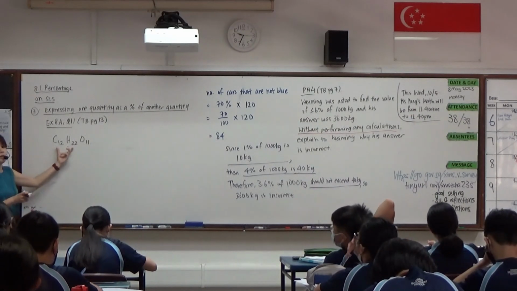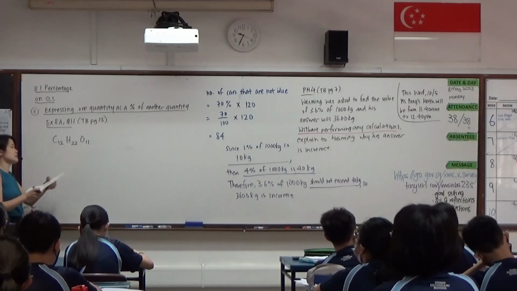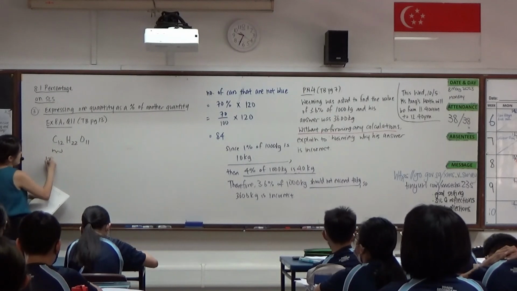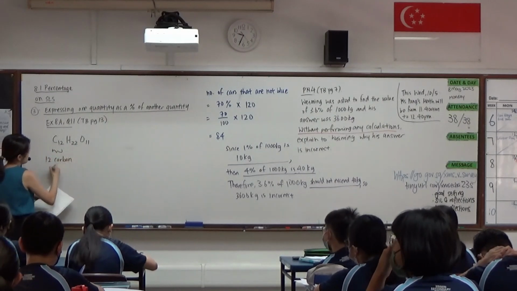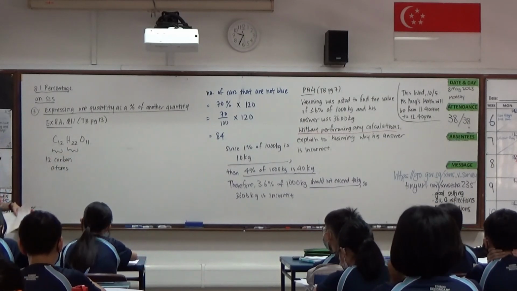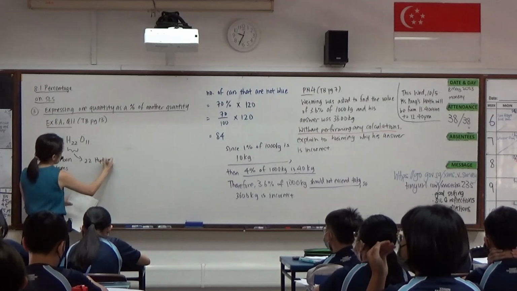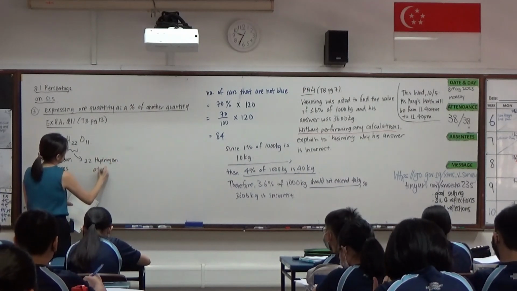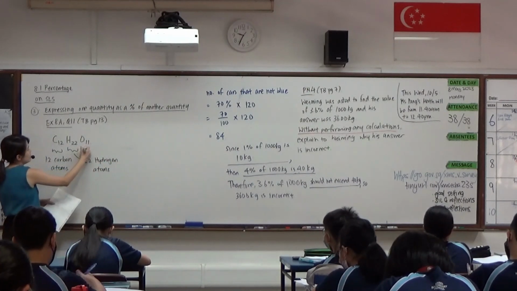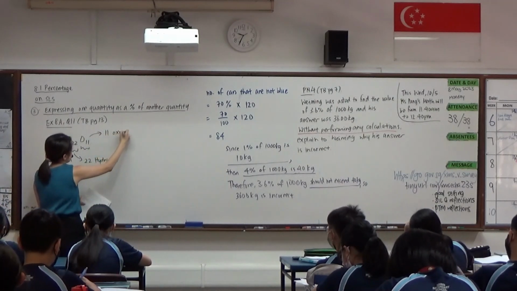But this is a chemical compound formula, which means that it is made up of 12 carbon atoms, 22 hydrogen atoms, and O11 means that there are 11 oxygen atoms.